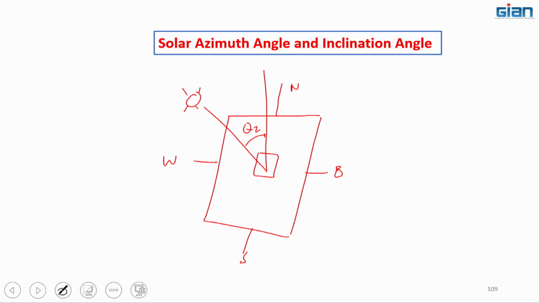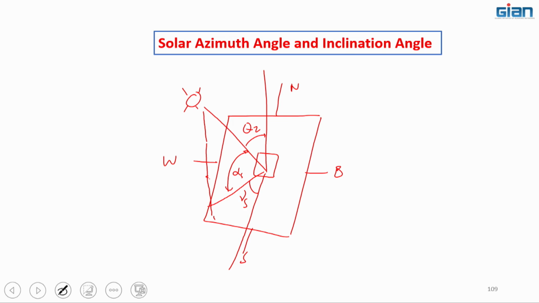If we project this line on the horizontal surface, this angle is gamma s, and this is alpha s. This is the altitude angle, and this is the solar azimuth angle.